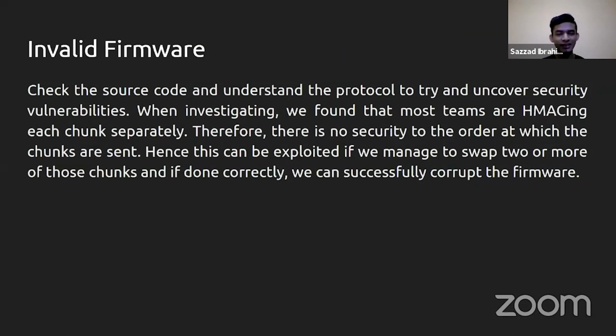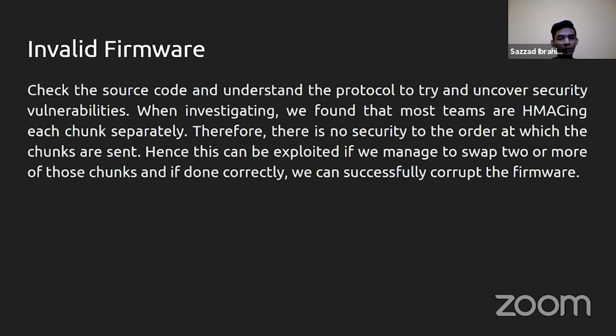Now we'll talk about the attack phase, where we try and attack other teams' designs. In order to achieve that, we first look at their source code and try to understand their protocol to try and uncover vulnerabilities. One of the attacks that we went for was the invalid firmware attack.